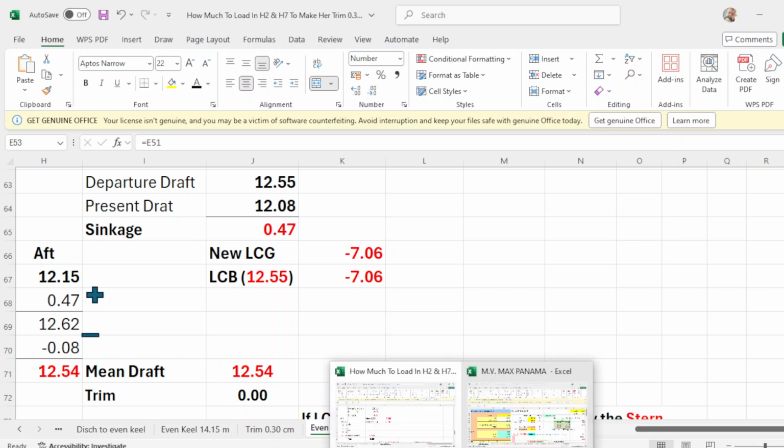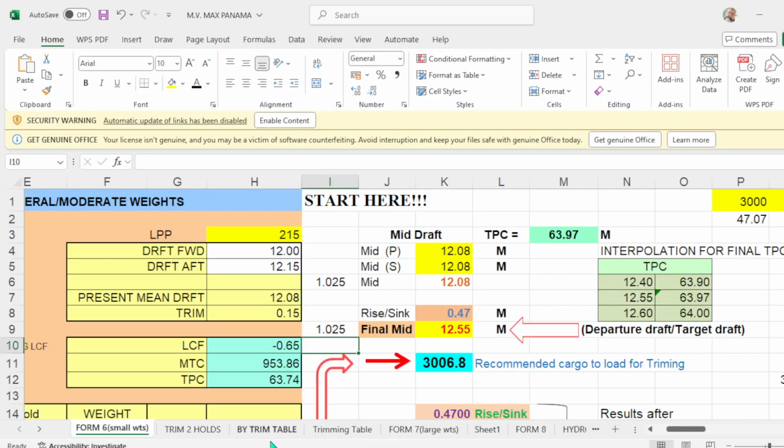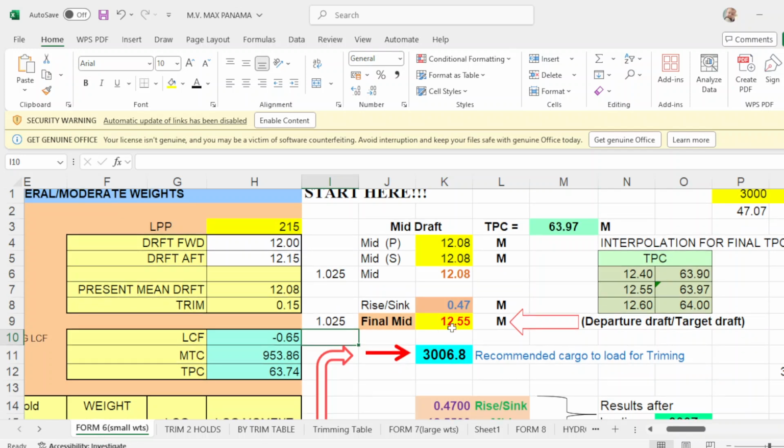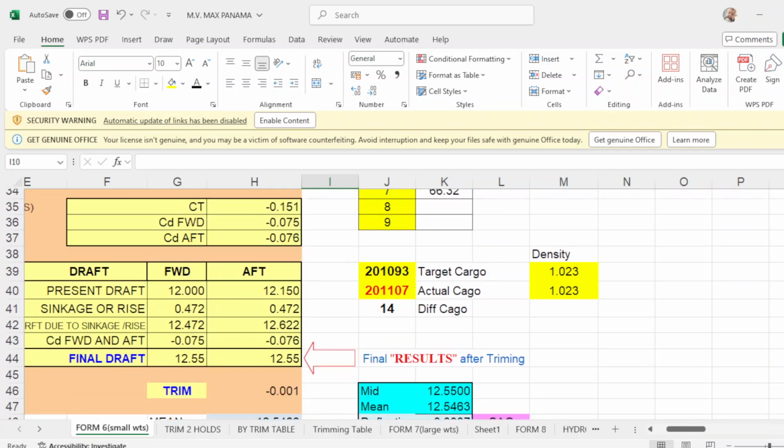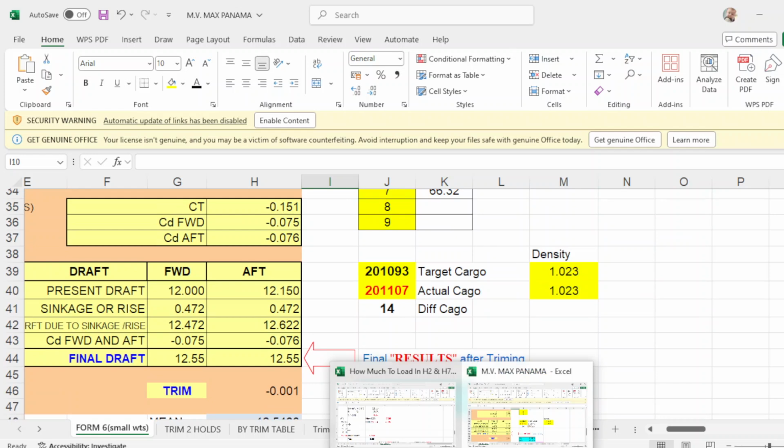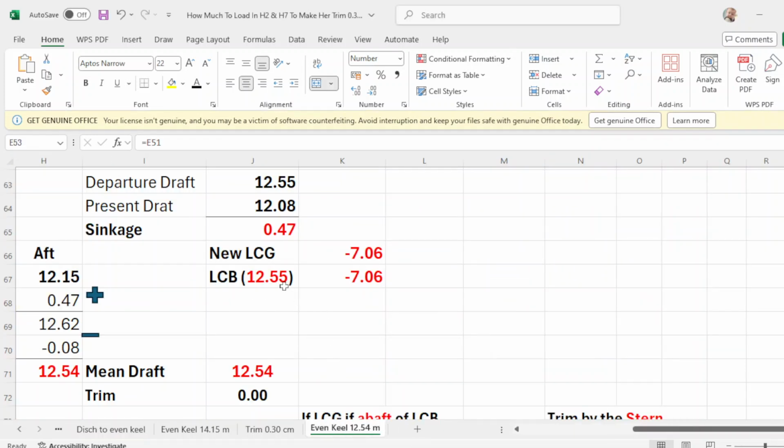I'm sorry. The departure drop should be 12.55, okay? Okay, 12.55. So the departure drop is 12.55. What is the LCB of 12.55?